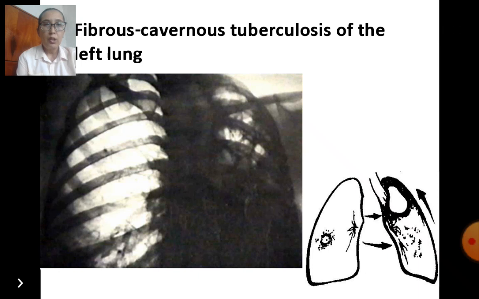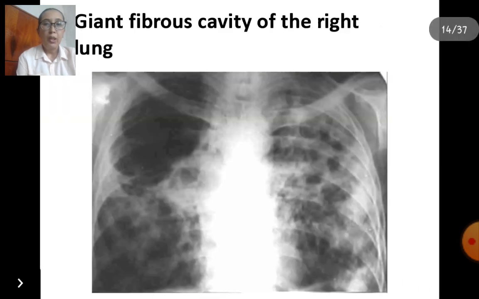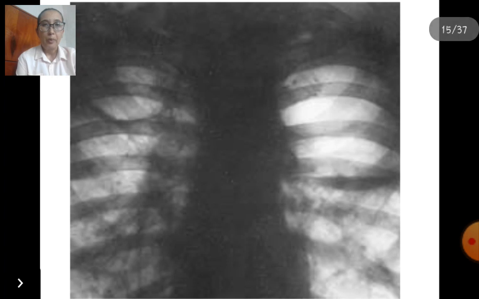In this slide, in the upper lobe of the left lung, you can see a big fibrous cavern, and schematically you can see also this cavern. A giant fibrous cavity in the right lung. In the upper lobe of the right lung you can see a giant fibrous cavity.